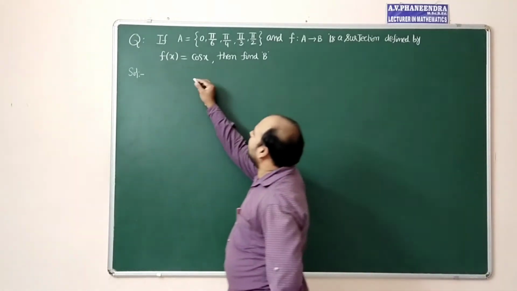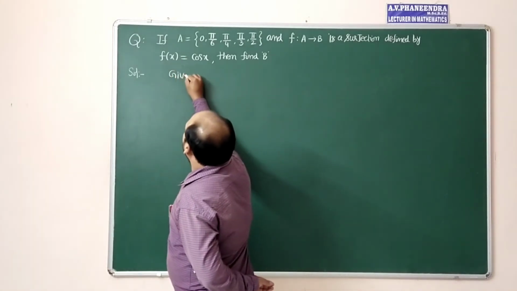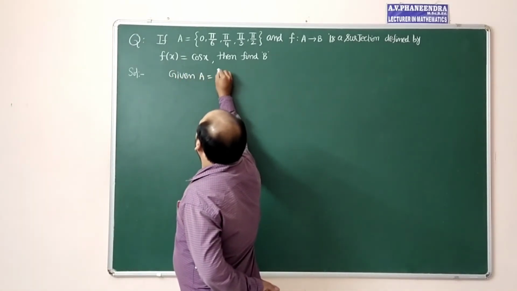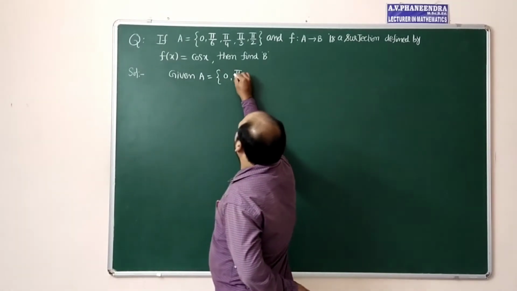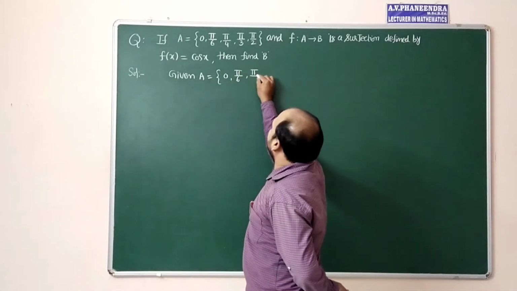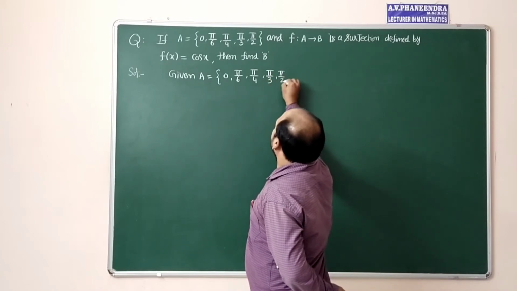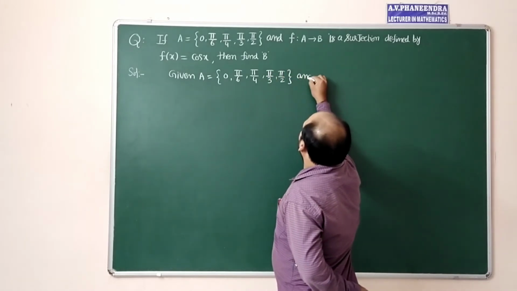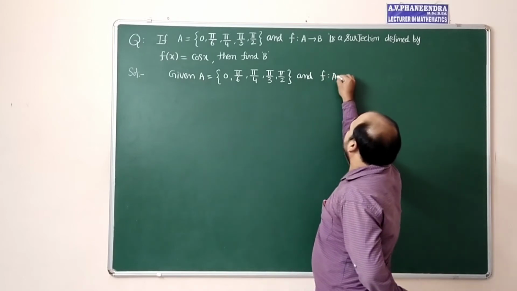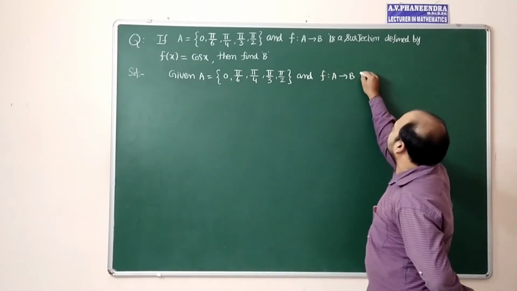So now first given capital A equal to 0, pi by 6, pi by 4, pi by 3 and pi by 2. And f is defined from A to B is onto. Onto means surjection.